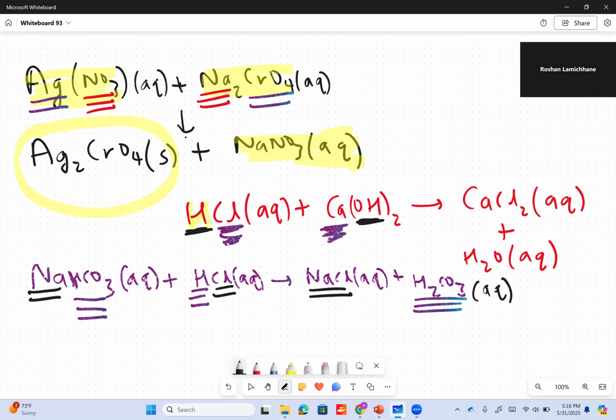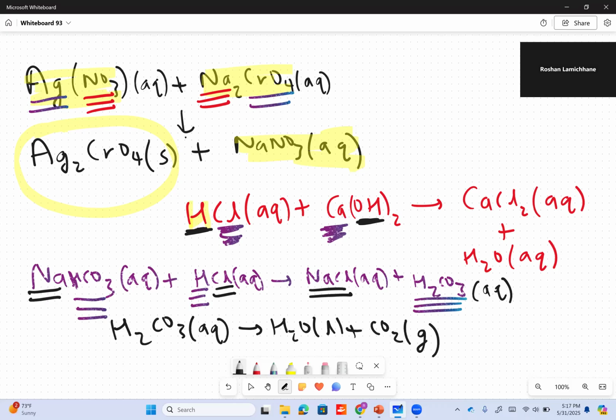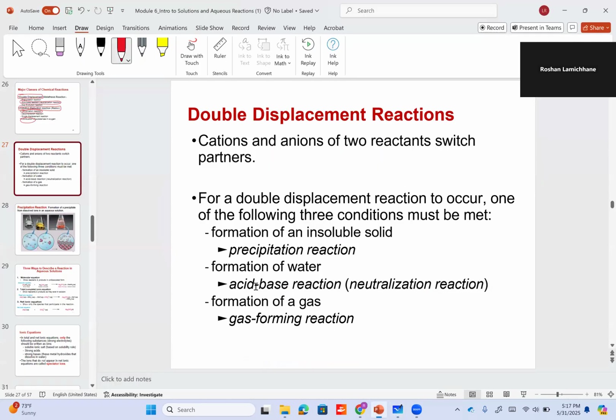H2CO3 is called carbonic acid, which is unstable in its aqueous form. It's going to decompose into liquid water, and carbon dioxide gas is given off. Since you form this gas, this is called the gas forming reaction, our third type under double displacement reaction.